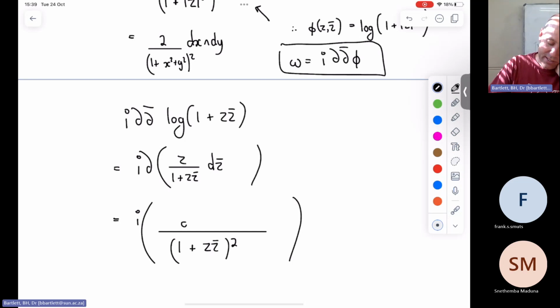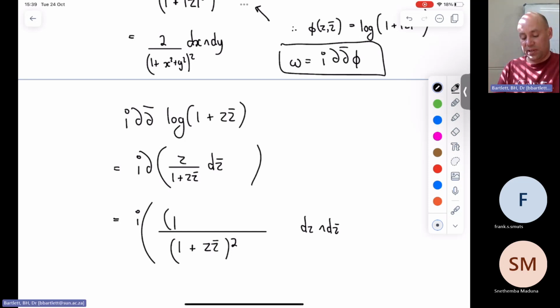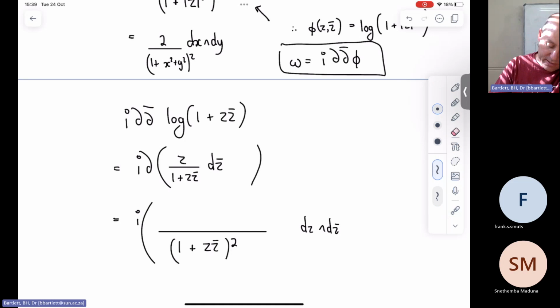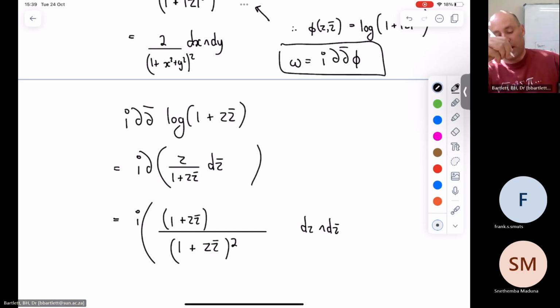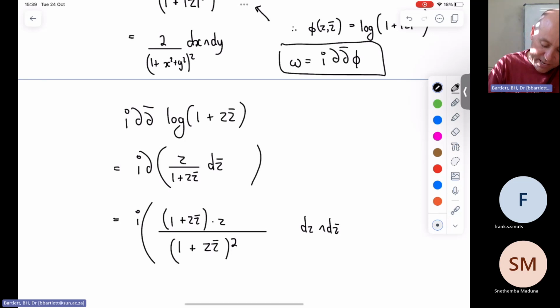So then I'm going to get a dz wedge dz bar out. That minus the top differentiate the bottom. So I get 1 plus z bar squared times 1 minus the top differentiate the bottom. I'm going to differentiate the bottom with respect to z now. So then I'm going to get z times z bar.